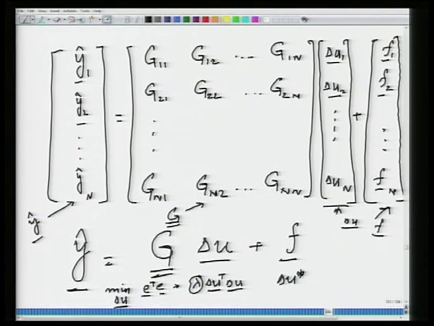But if you do not worry about those scaling equations, the form of the equation is the same, and therefore the minimum solution will also be of the same form. The unconstrained solution would be delta u star equals G transpose G plus lambda I inverse times G transpose times R minus F.